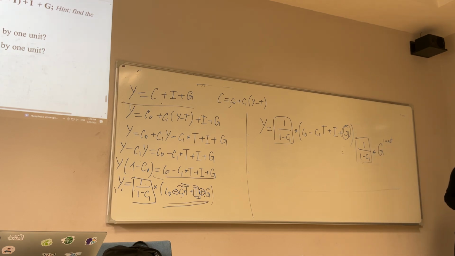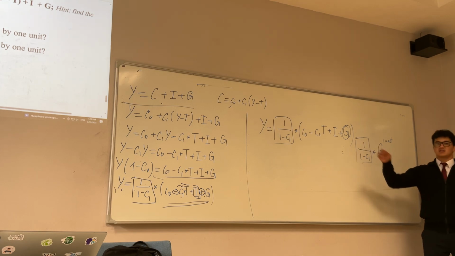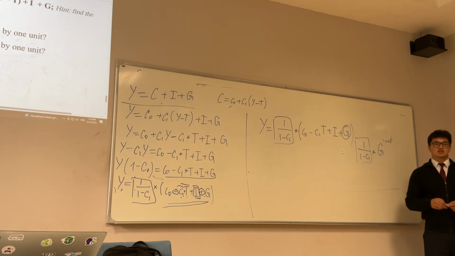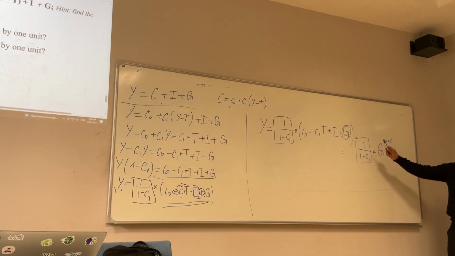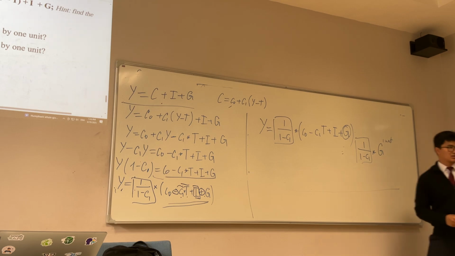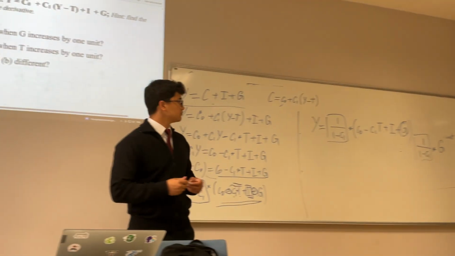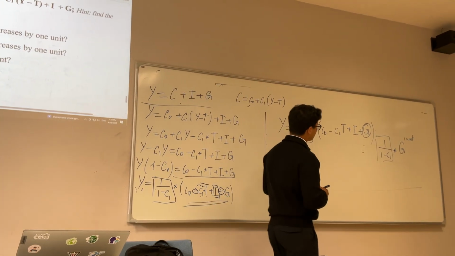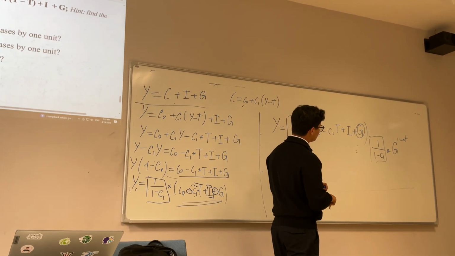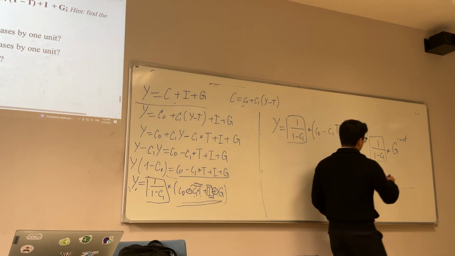Whether it's millions doesn't matter, you just need to write it. So if our government spending is increased by 1 unit, our total consumption increases by 1 divided by 1 minus C1 units. You're going to write it like this. Put the change sign. Where? Government spending. Ah, the change, right? Yeah.